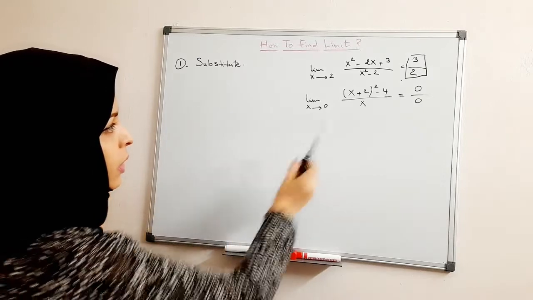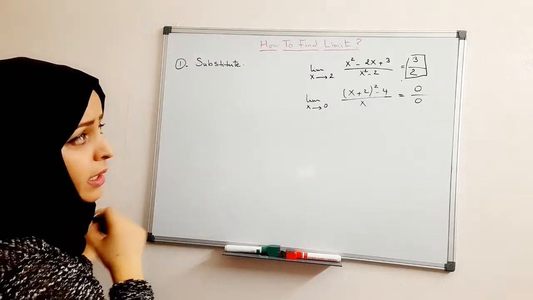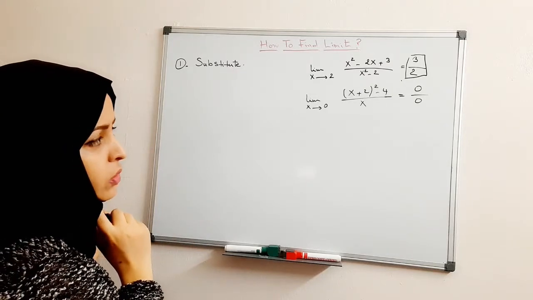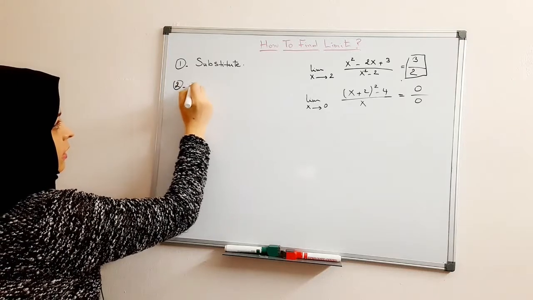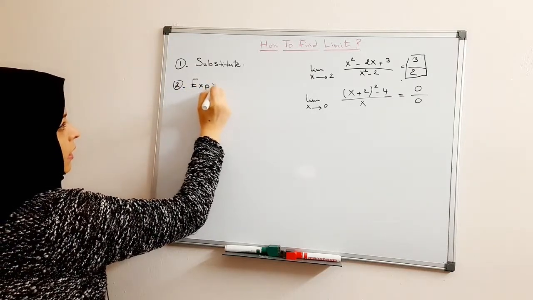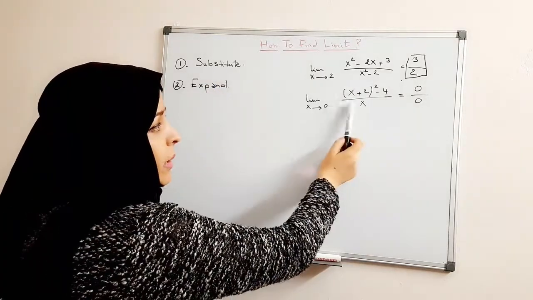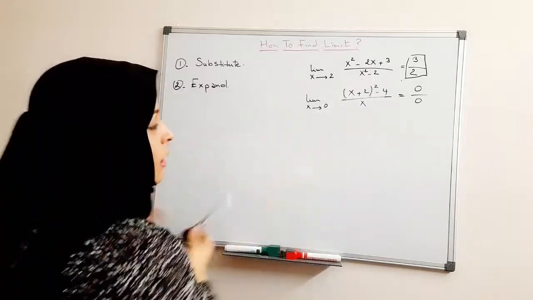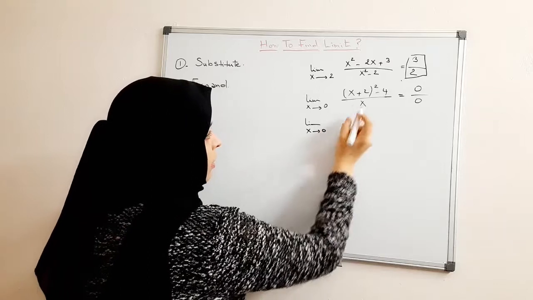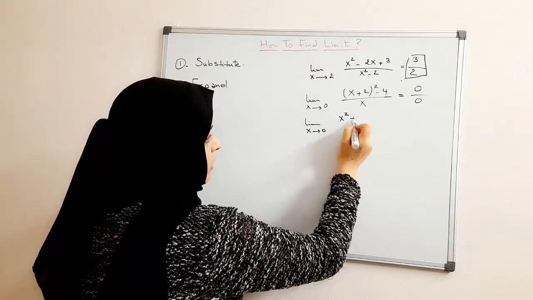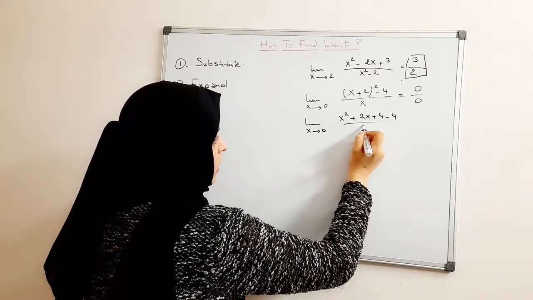If you notice here, we have a remarkable identity. So the first thing we think about is to expand this expression, to open up the parentheses. So we will get the limit when x tends to 0 of x squared plus 2x plus 4 minus 4 over x.